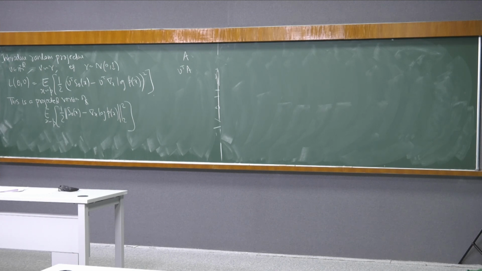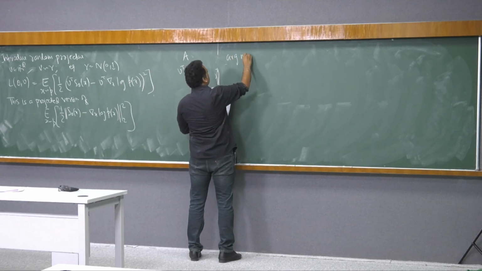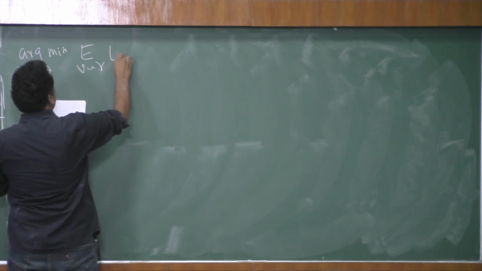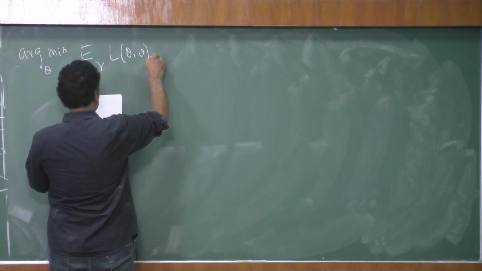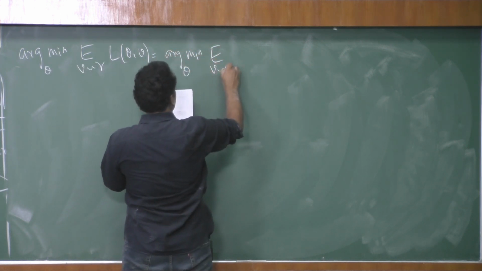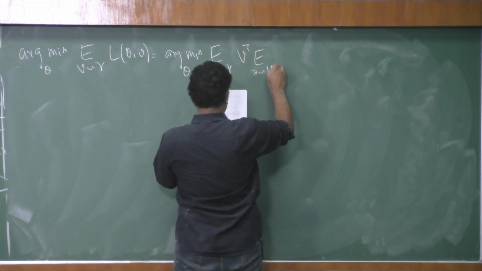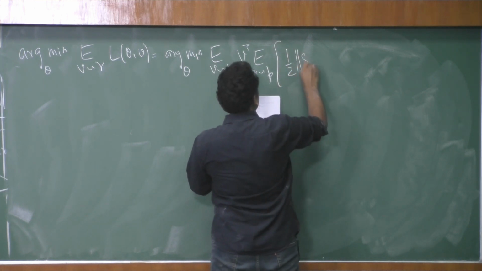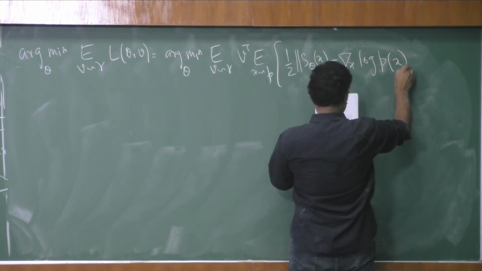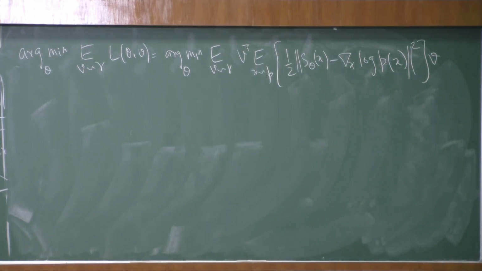So what I will do is write this down, and then I will show why this is the case, right? So the argmin over theta of the expectation of v r l theta v is the argmin over theta of the expectation of v transpose, expectation of... So does this make sense to you?